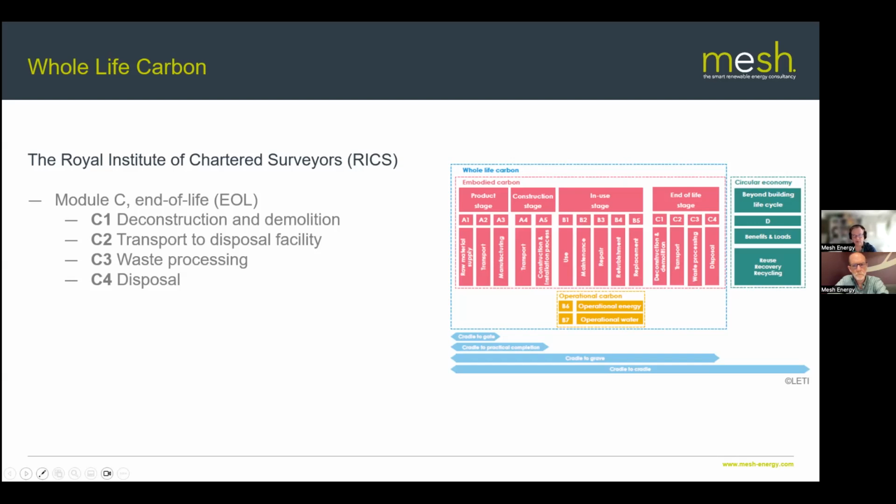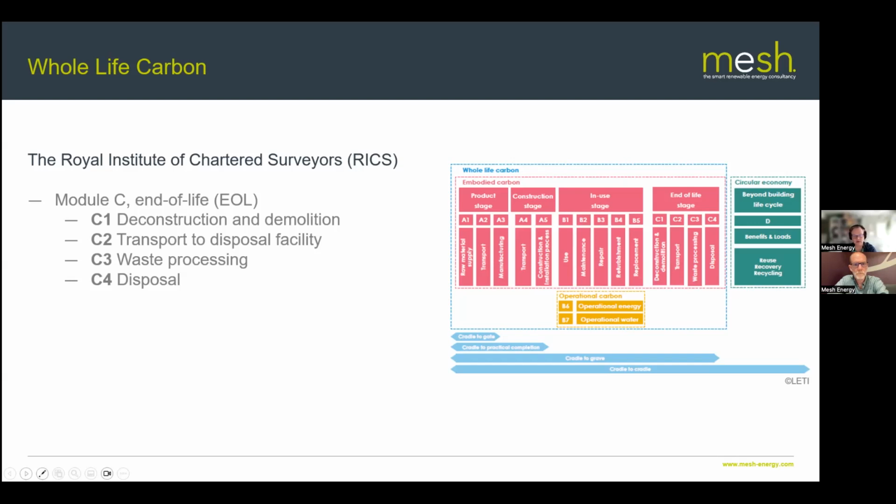So, for example, masonry elements are typically given over to an end of life where they're crushed down and used as hardcore. If it's a solid brick building, in simple terms, then it's possible to run calculations that assume that, say, 45% of the brick will be reused in another building, and therefore it changes the weight of the embodied carbon of that material.